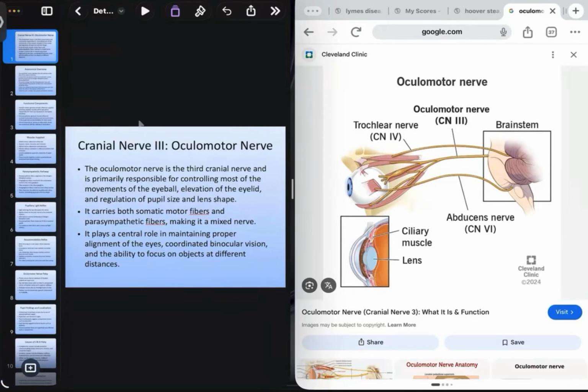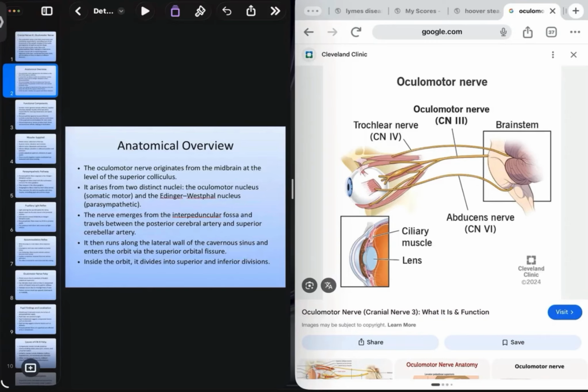So the primary function of this nerve is to carry both motor and parasympathetic fibers, and that's why it is also called a mixed nerve. It plays a central role in maintaining proper alignment of the eyes and coordinated binocular vision, and it also helps us in focusing.